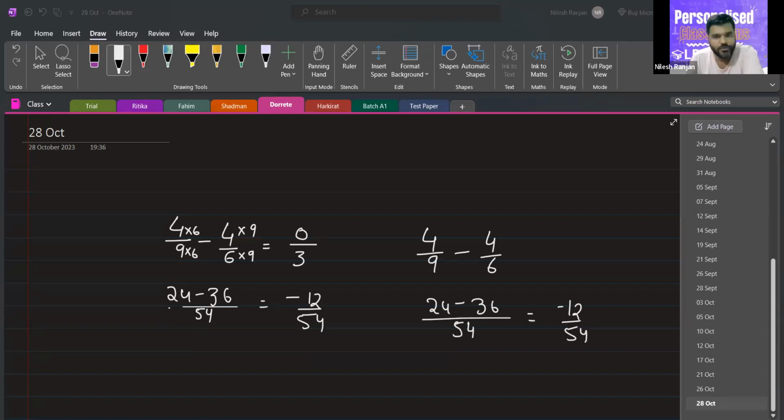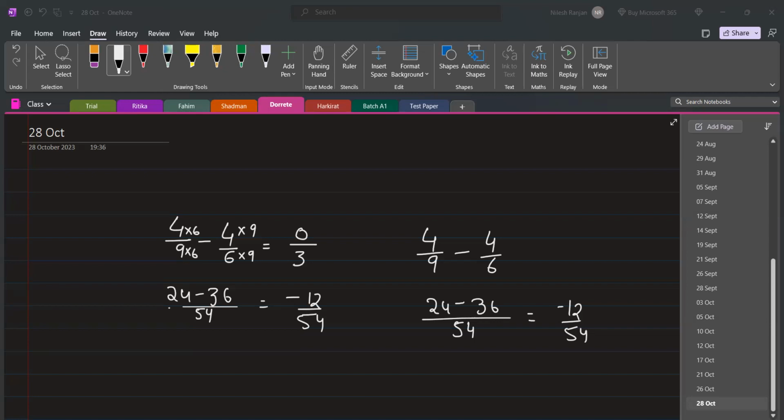18 divided by 54. 3 divided by 9. And after that, you have done 12 by 18 into 72,000. Why is that? It is distributing the goodwill.